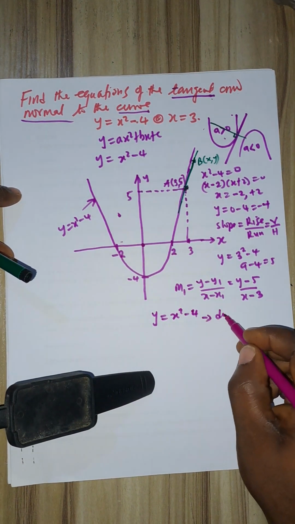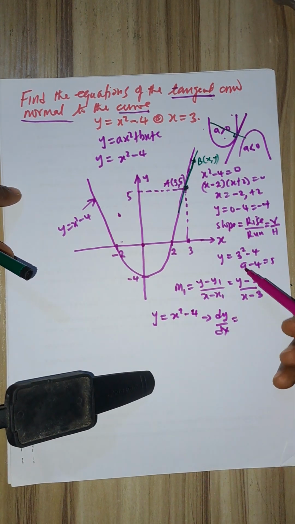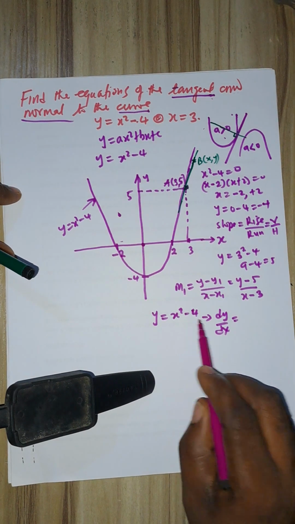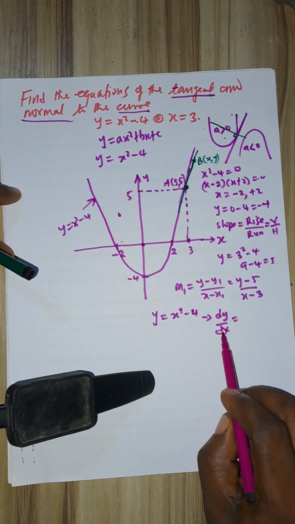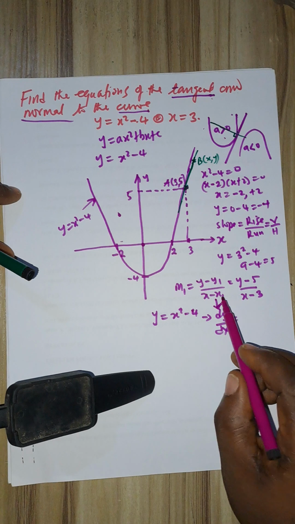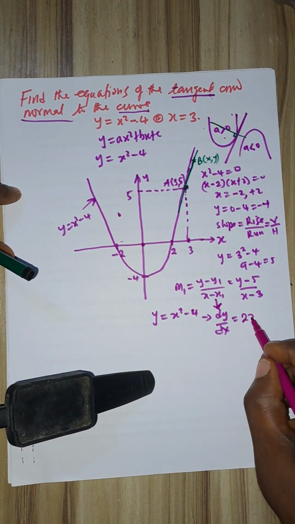The slope is dy/dx. We differentiate, one of the applications of differentiation. Of course, this is changing y by changing x, so dy/dx is 2x.